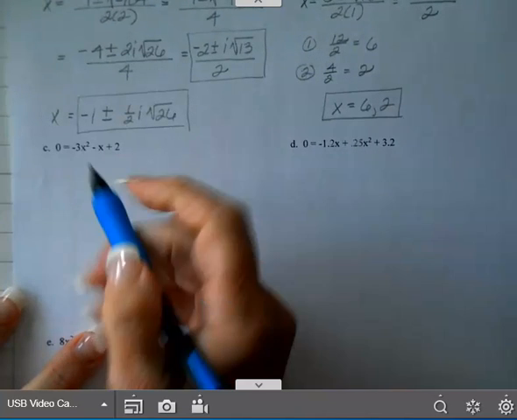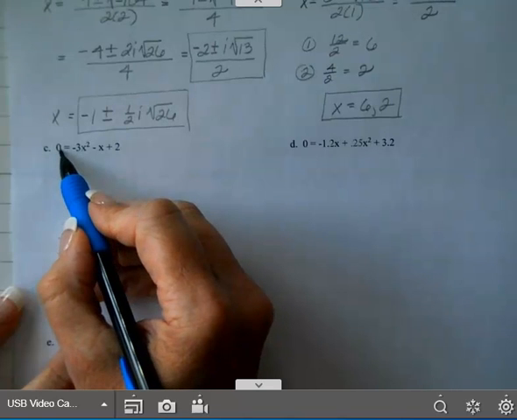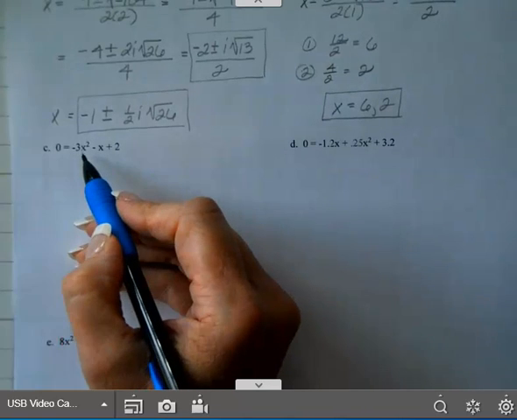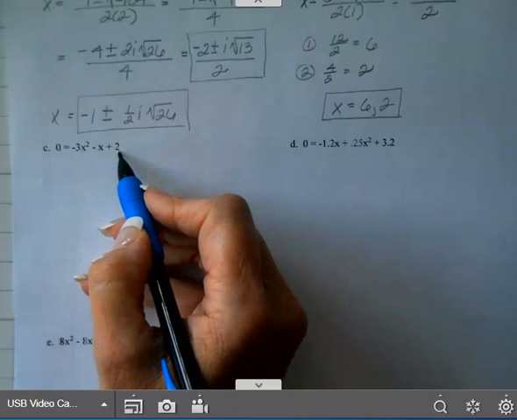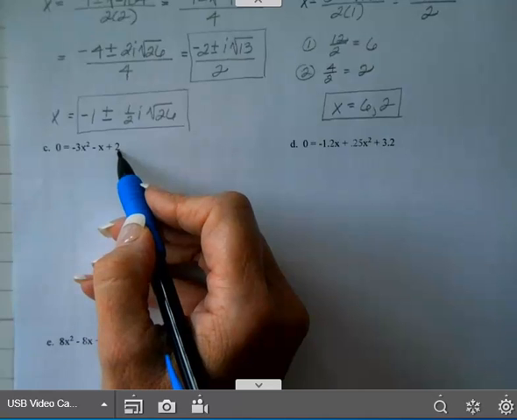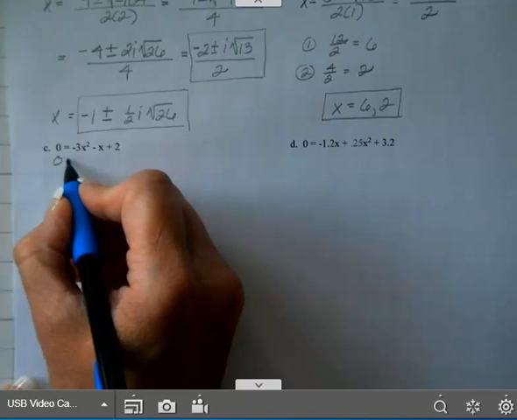For c, oh, this time they were nice and they have it set equal to 0 for us. If you want, you can go ahead and multiply through by a negative 1 here. You don't have to, but it does make it maybe a little bit nicer. I think I will. I like to start with my a positive.